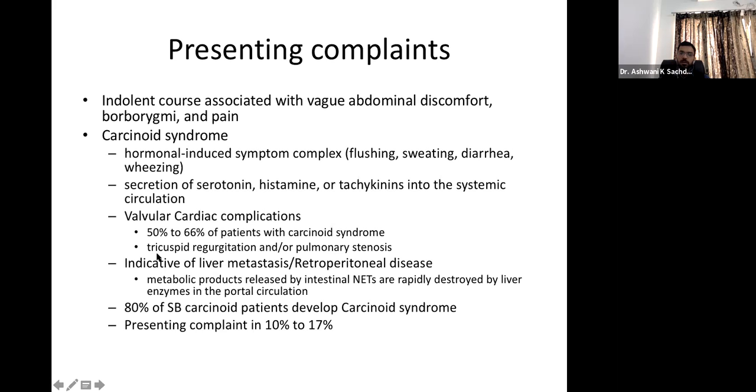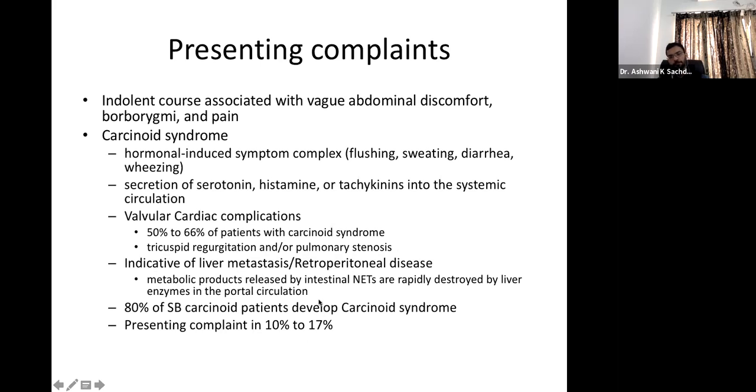So tricuspid and pulmonary valves are more commonly involved, leading to tricuspid regurgitation and pulmonary stenosis. Otherwise, tricuspid stenosis and pulmonary regurgitation can also occur. And it is indicative of liver metastasis or retroperitoneal disease.